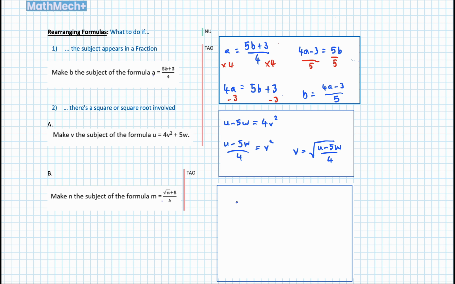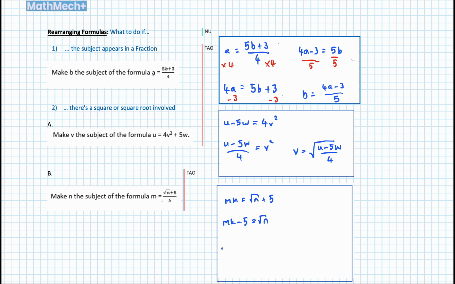The third question has a root in there. Be careful with what is actually being covered by that root. m times k is equal to that root n, a little bit at the end there. Again, mk plus 5 on both sides, minus 5 cancels that out.